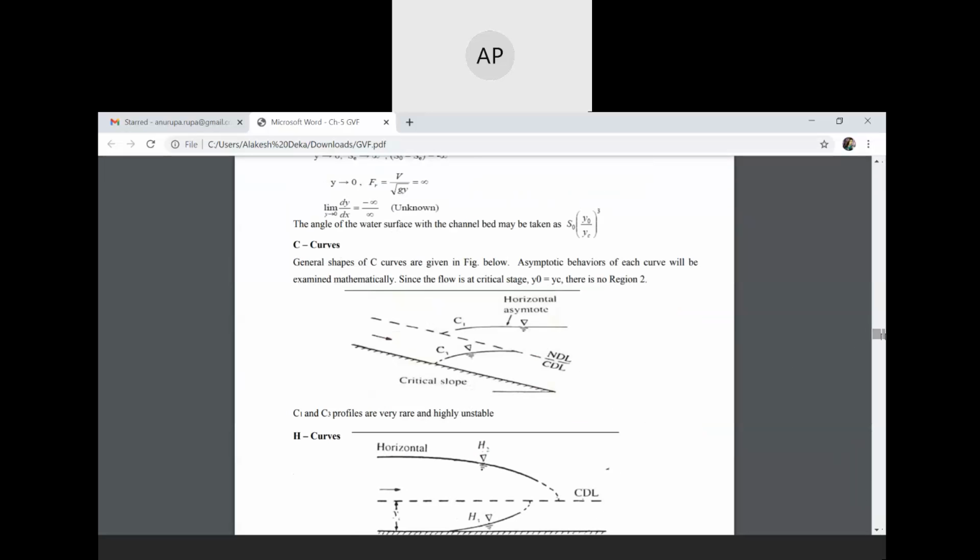This is the C curve, critical slope. General shapes of C curves are shown here. This is the C1 profile and C2 profile. There is no C2 profile, only C1 and C3 profile is there. Okay.